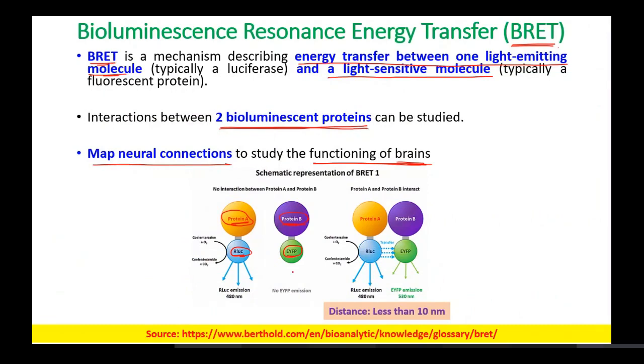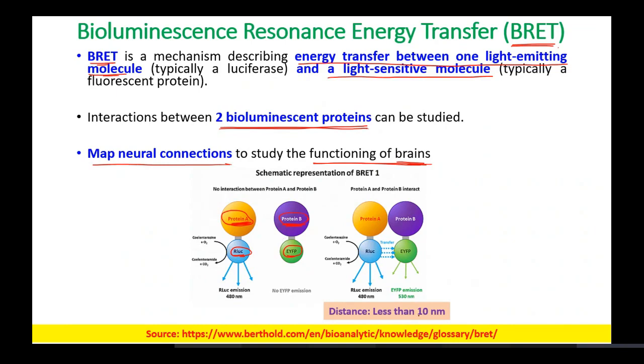Now what happens is that if protein A and protein B form an associative interaction, that means they are interacting with each other, the distance between this R-Luc enzyme and the EYFP protein will also be very near.